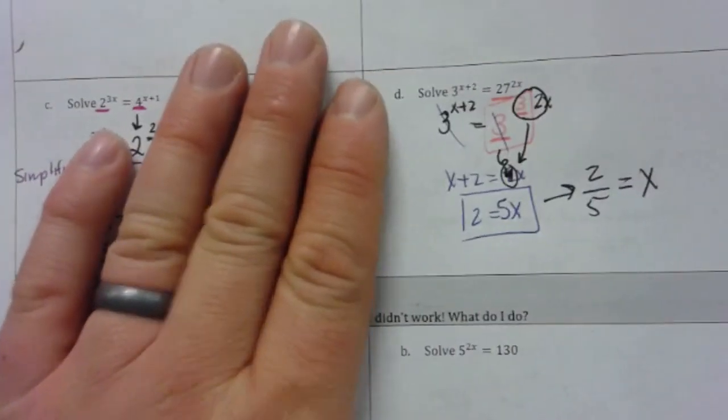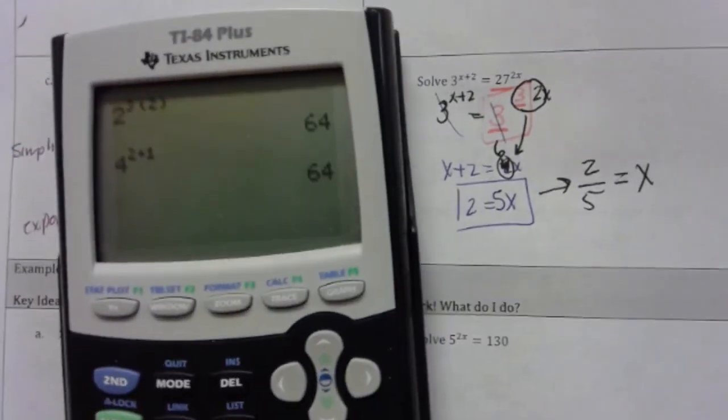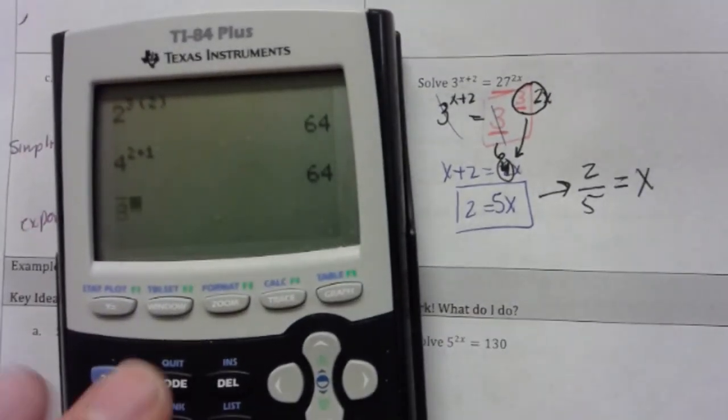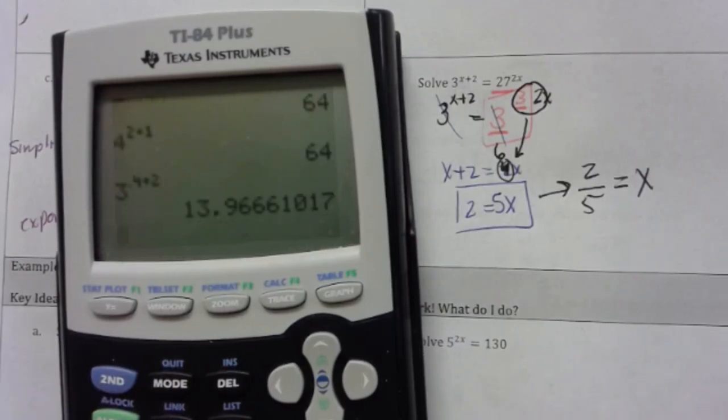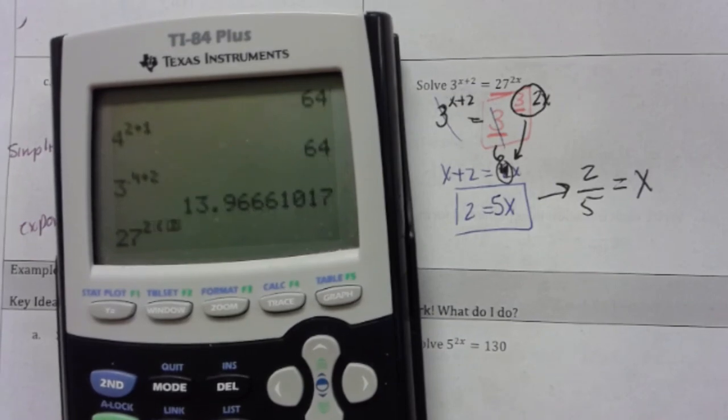Three raised to the 0.4 plus 2. 27 raised to the 2 times 0.4. We come up with exactly the same thing here.